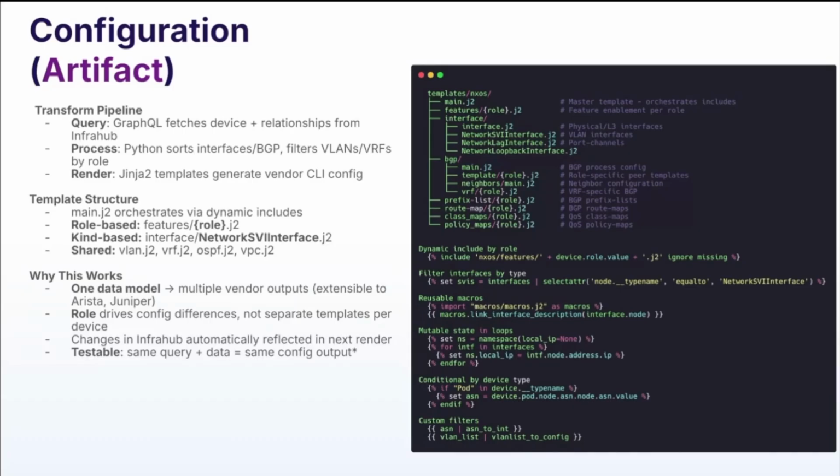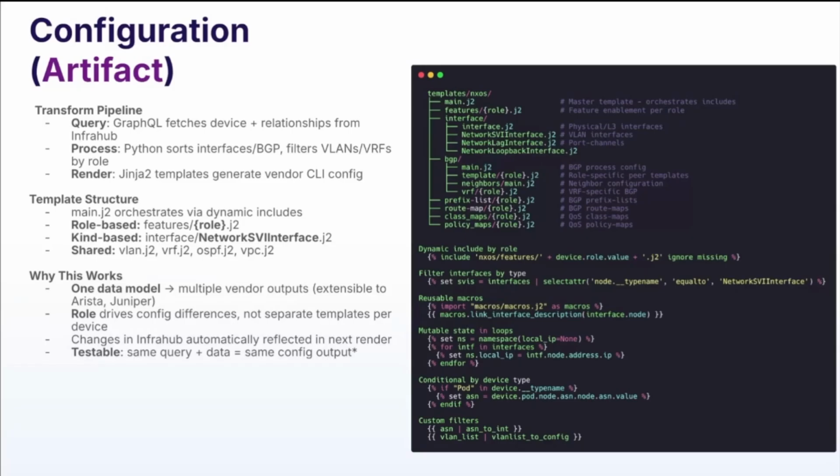We also used the kind, and we talked about the three primary attributes: role. The other one was kind. So we have a Jinja template for the SVI interface or the LAG interface, so we can separate and make sure they're all independent and easier to manage. And then we did have some shared stuff in there, but some key things we did was include, obviously, which is a cool one in Jinja to use.